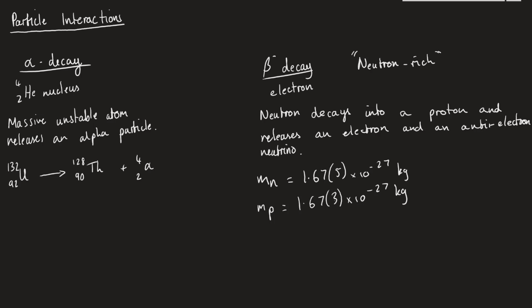So because we have this slight difference here, this difference is big enough for us to fit in an electron and an anti-electron neutrino, along with some other energy that's going to be released from it.